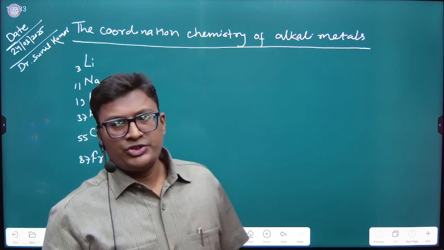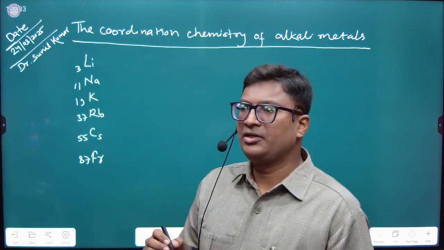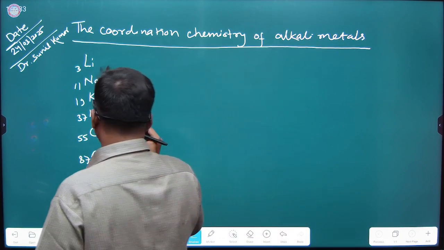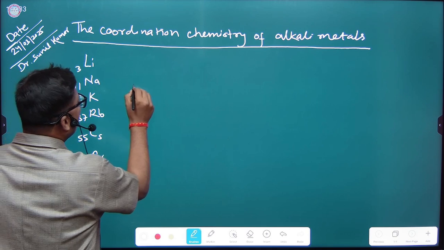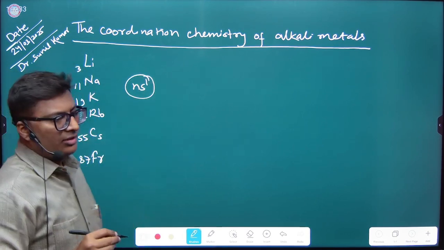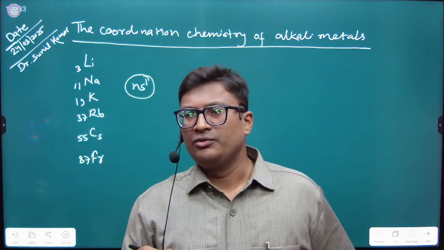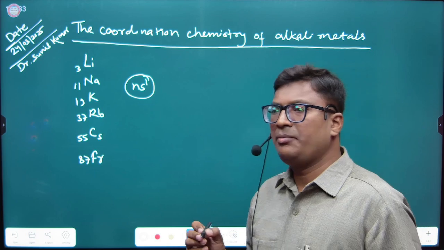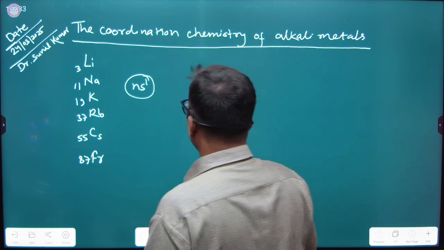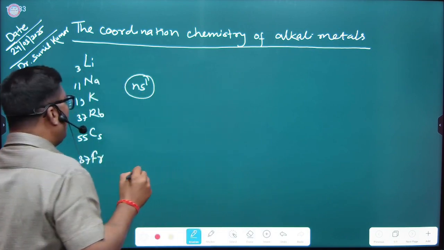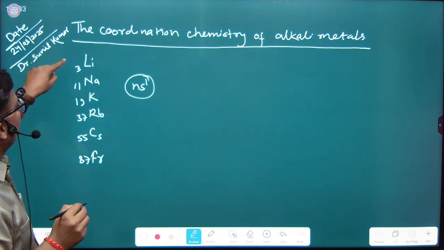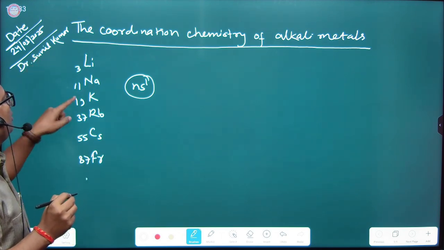The valence shell electronic configuration of all these alkali metals is ns1, so there is one electron in the s orbital of each alkali metal.